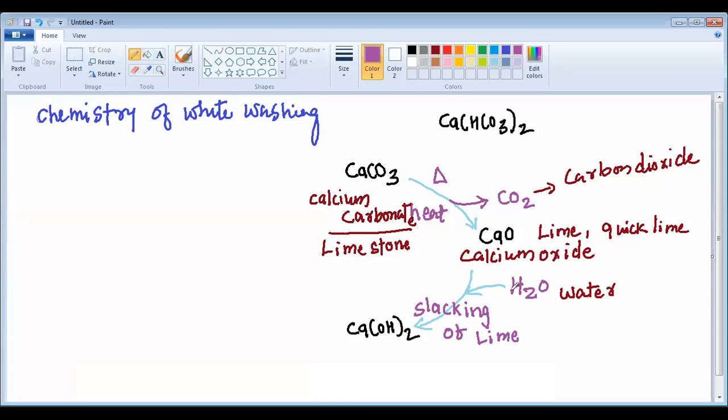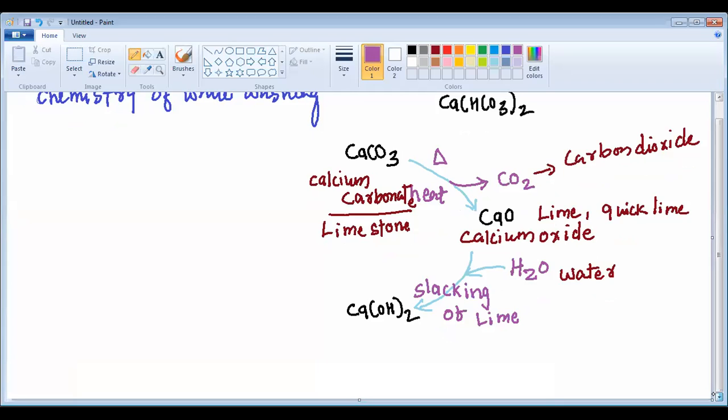When we add lime to water, the process that takes place is known as the slaking of lime. During this process, apart from calcium hydroxide, heat is also produced.